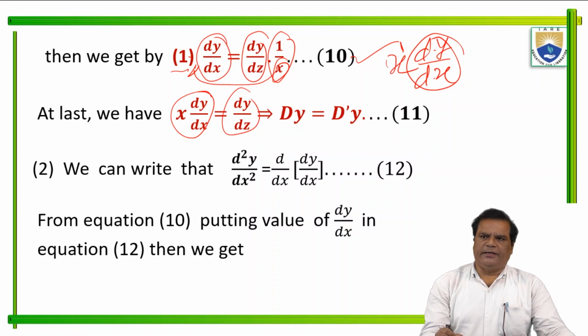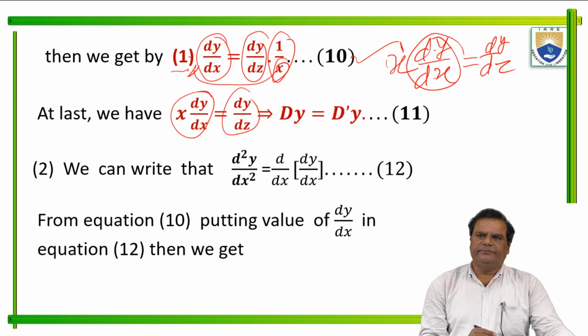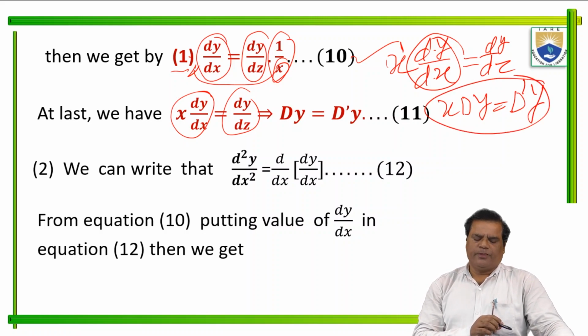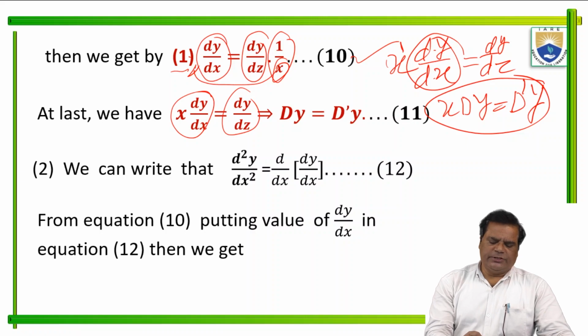Both are multiplied, so this result converts to dy over dz. So this result is x dy and this result is D dash y. We have proved this result: x dy dx equals dy dz, that is, x D y equals D dash y.